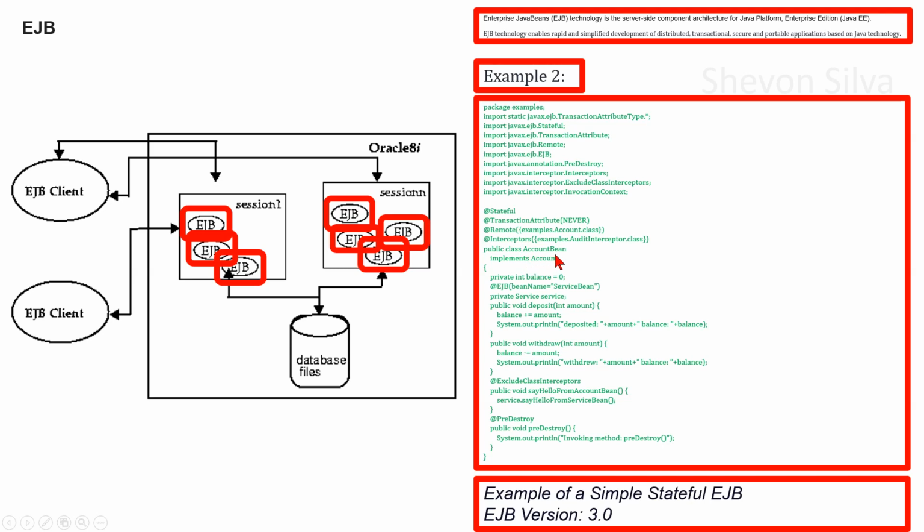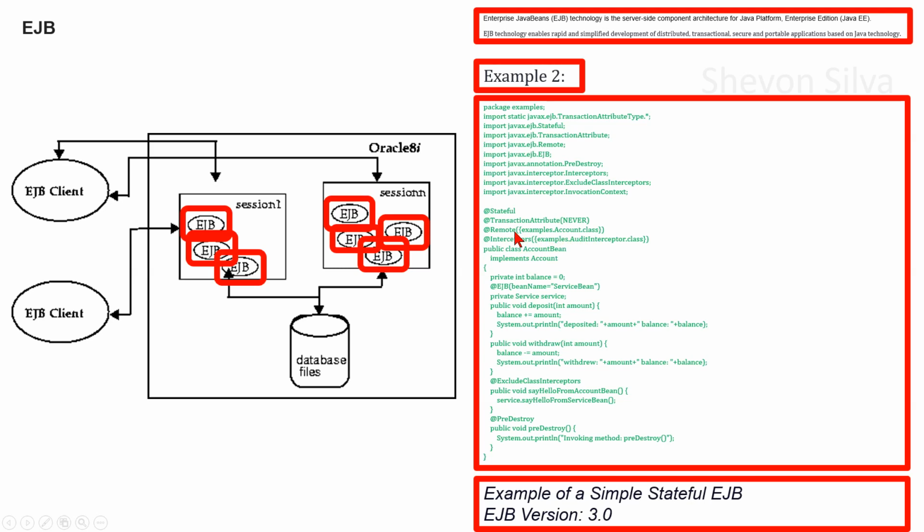The class-level @Stateful metadata annotation specifies that the EJB is of type stateful session. The class-level @TransactionAttribute(NEVER) annotation specifies that the EJB never runs inside of a transaction. The class-level @Remote annotation specifies the name of the remote interface of the EJB.